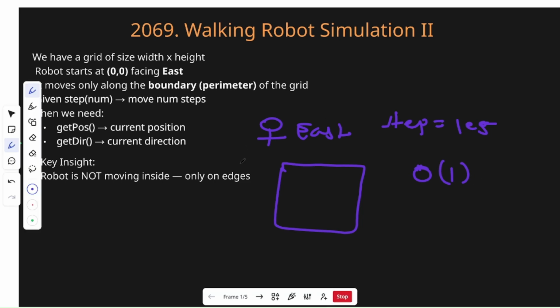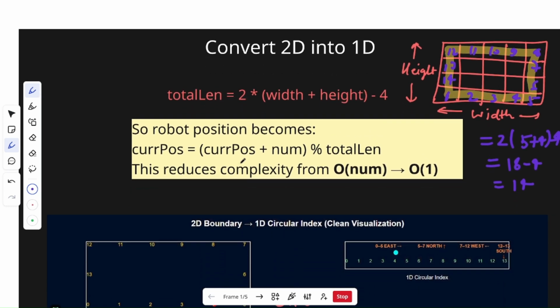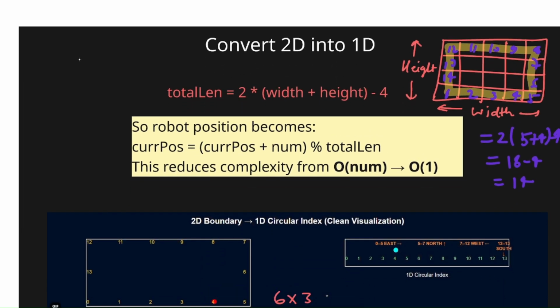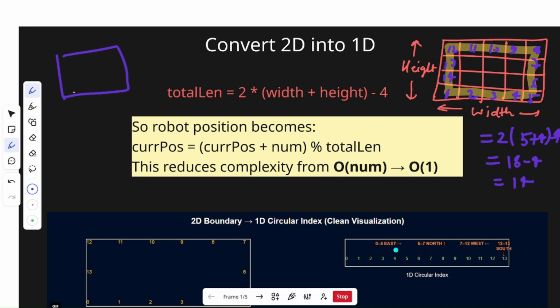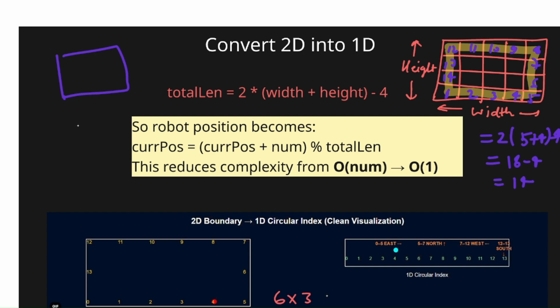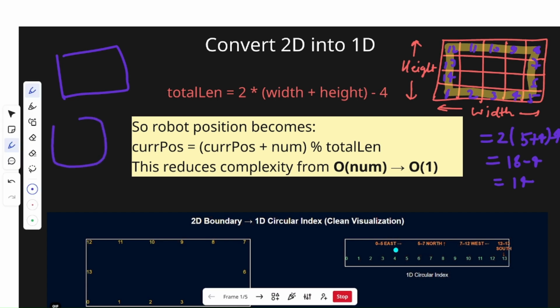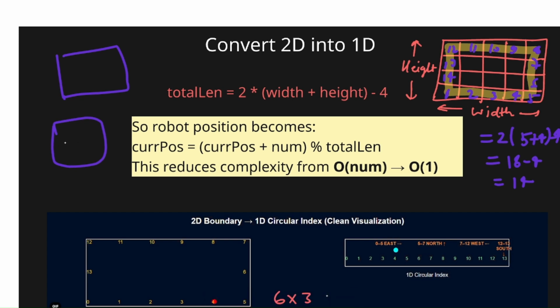The main catch is that the robot is not moving inside the grid, it is only moving along the boundary side. So the robot is basically looping again and again around the same rectangle, so it feels like a circle, because it keeps moving around the same rectangle with the same length.